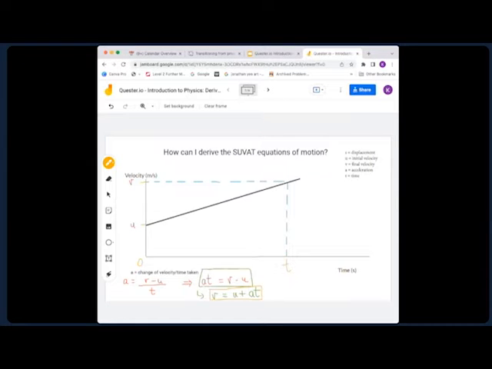So, who in the chat can tell me, because this is velocity and this is time, speed is going to be equal to distance over time, right? So therefore, distance is going to be equal to speed multiplied by time.